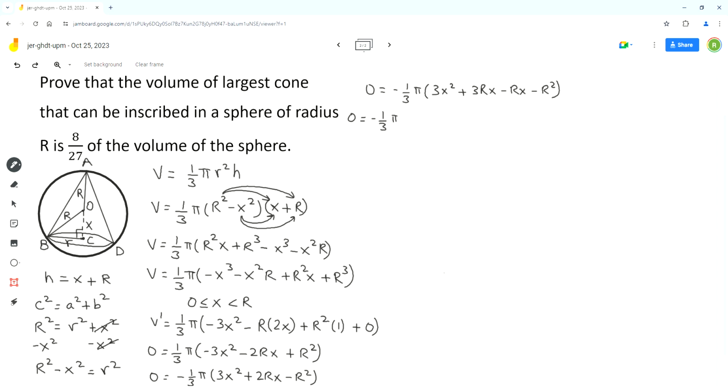Now we can use the grouping method to pair up the terms. So from the first pair, we can factor out 3x. And from the second pair, we can factor out negative r. Now we get two cases.